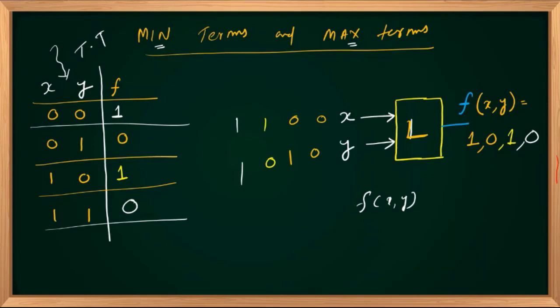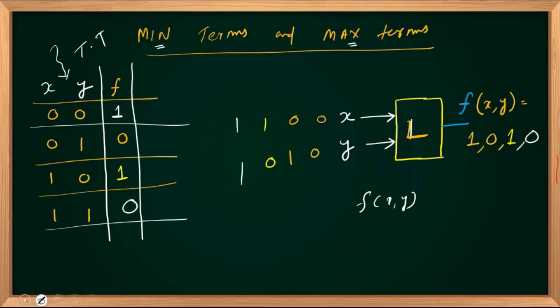So let us define min and max terms corresponding to X and Y combinations. Then we will see how to represent the given function having the same property illustrated here using min and max terms. While representing using min and max terms, we'll have SOP and POS forms. That we'll discuss while representing the functions. Meanwhile, let us define min and max terms.